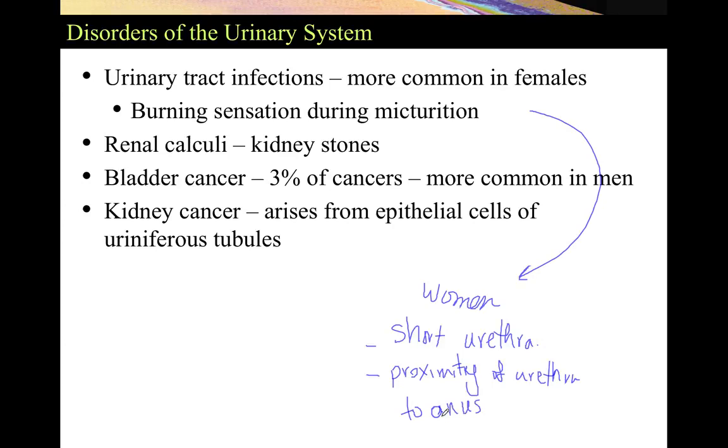We didn't talk about uriniferous tubes, but just understand that they are arising from the tubules within the nephron, and they basically advance and spread throughout the rest of the kidney. We will discuss some of the more common medical conditions of the urinary system later on through the PowerPoint as well.